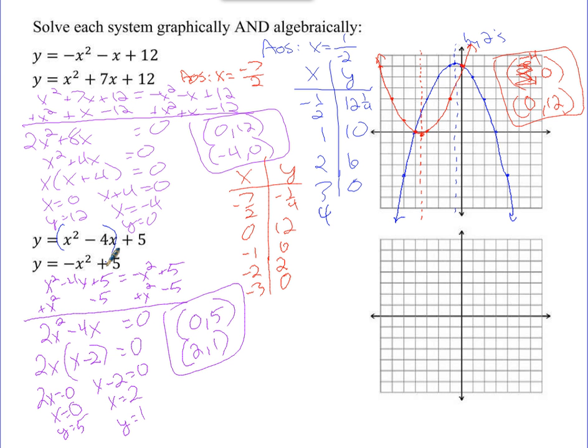I draw my grouping symbols there to make me realize that I need to take half of B and then do what to it? Square it. So if I do that, then I have y equals x squared minus 4x plus what? Plus 4. Half of negative 4 is negative 2. Square it and you get positive 4.